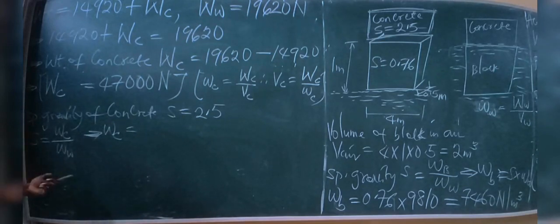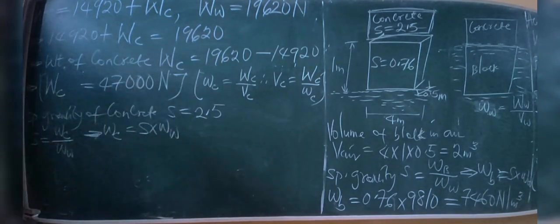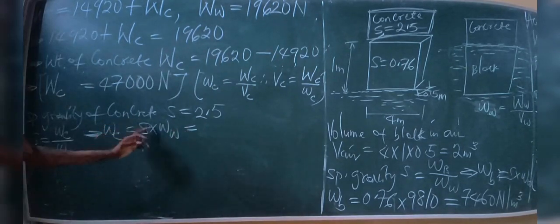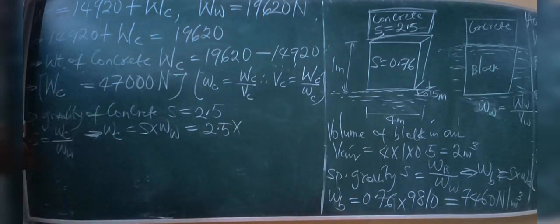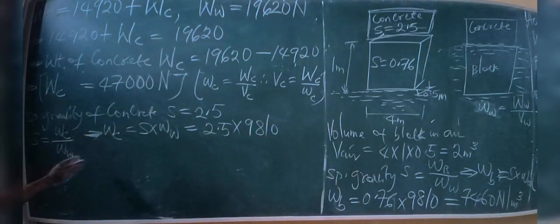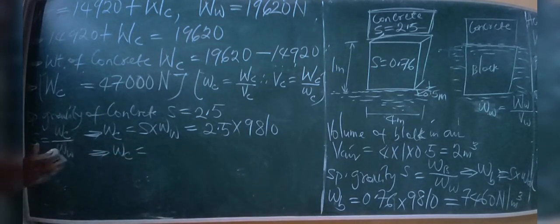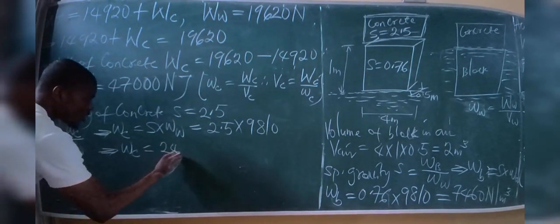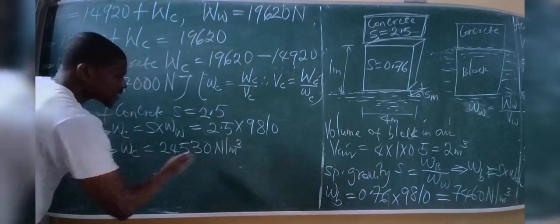It becomes specific gravity multiplied by specific weight of water. So the specific weight of concrete is 2.5 multiplied by the specific weight of water, which is a constant value, 9810. That gives us 24530 in newtons per meter cube.